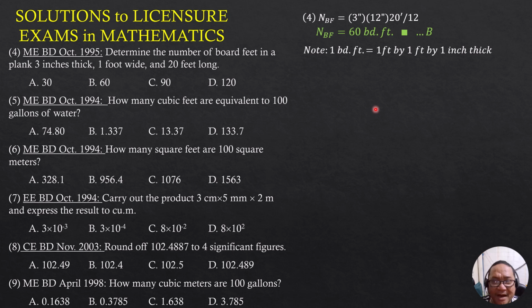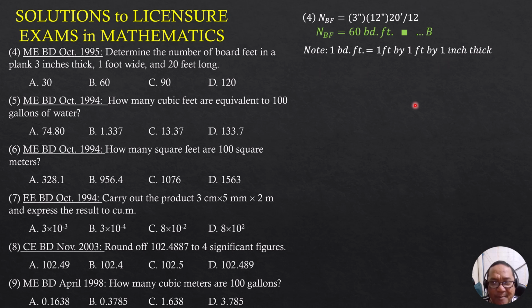So if coco lumber costs 20 pesos per board foot, then how much will you pay for 4 pieces of planks that measure 2 inches by 6 inches by 10 feet?